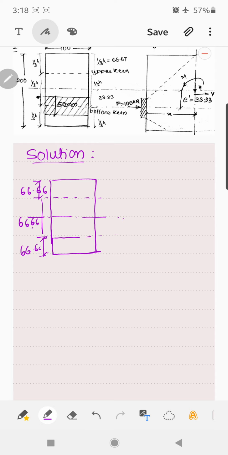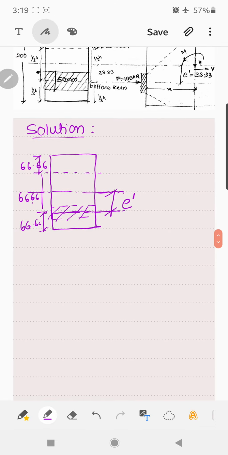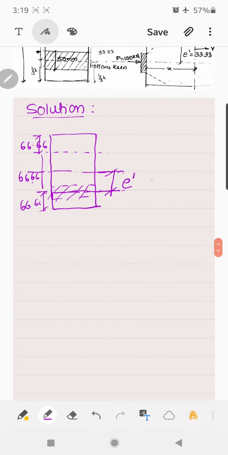This is the bottom kern as well as the center of the anchor plate. Now the distance from the center of the section to the center of the anchor plate is the E dash value. So this is total depth by 2, H by 2.